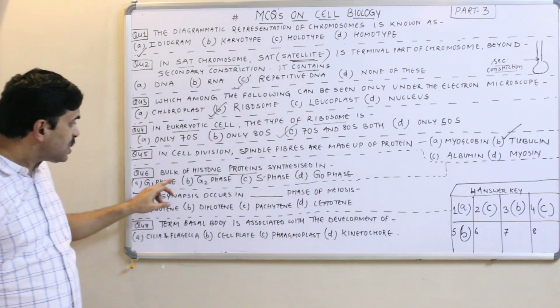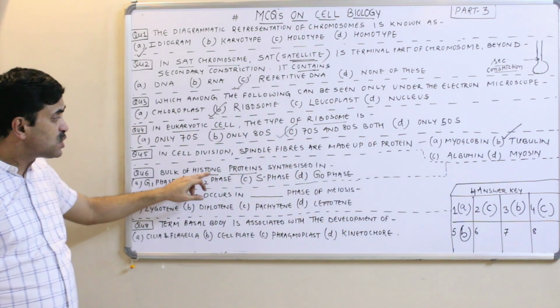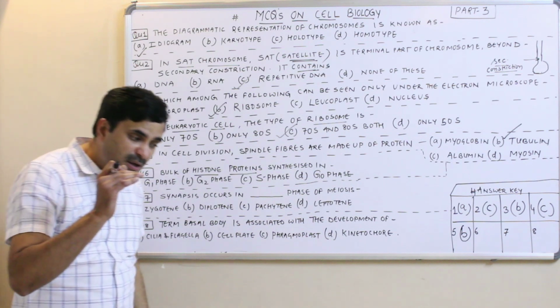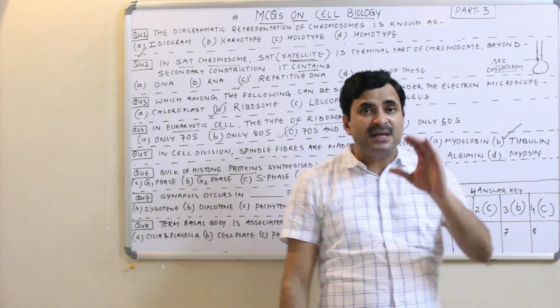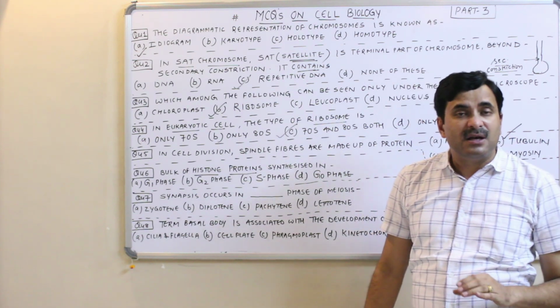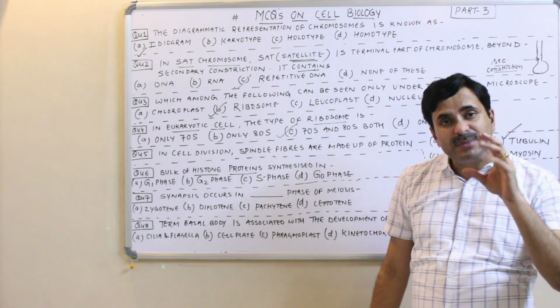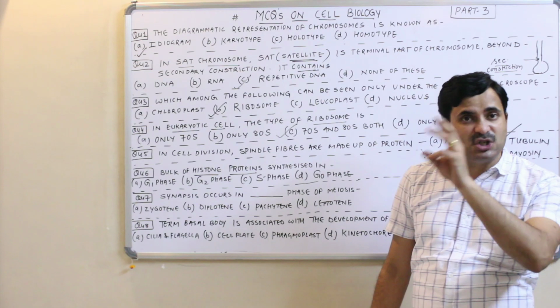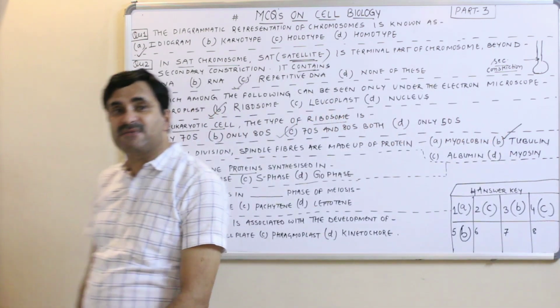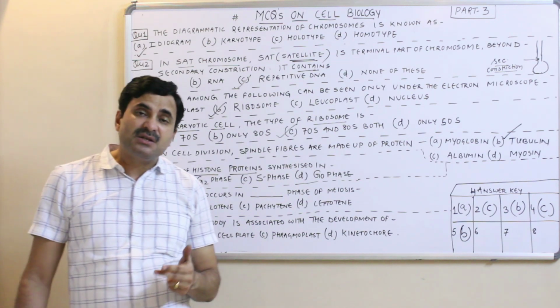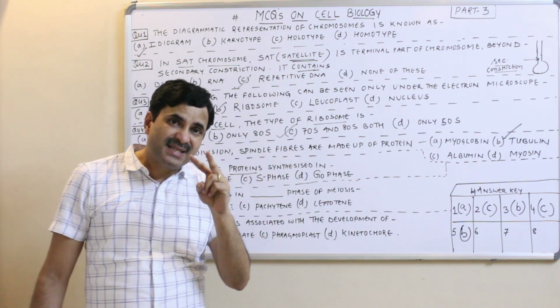So, bulk of histone protein. You know very well that in the cell cycle there is the interphase stage, and that interphase is completed in 3 phases: G1, S and G2. Just after G1 comes the S phase, and in S phase 2 important processes occur.